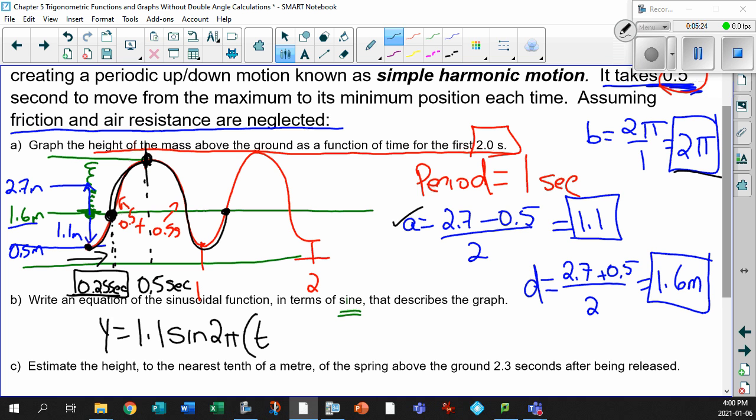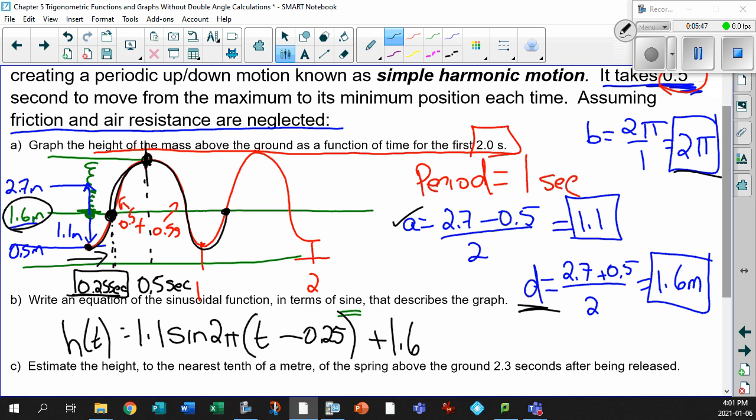And I'm going to have to change this guy too, because you can't have a y. You got to have the height as a function of time. T, shifting to the right, minus 0.25. There it is, plus your d value, which you remembered, and we calculated out here to be 1.6.